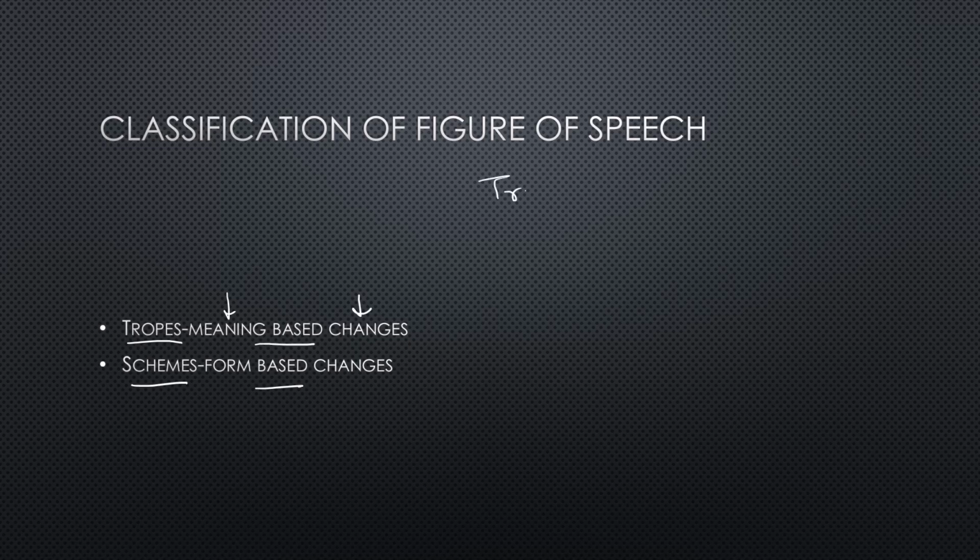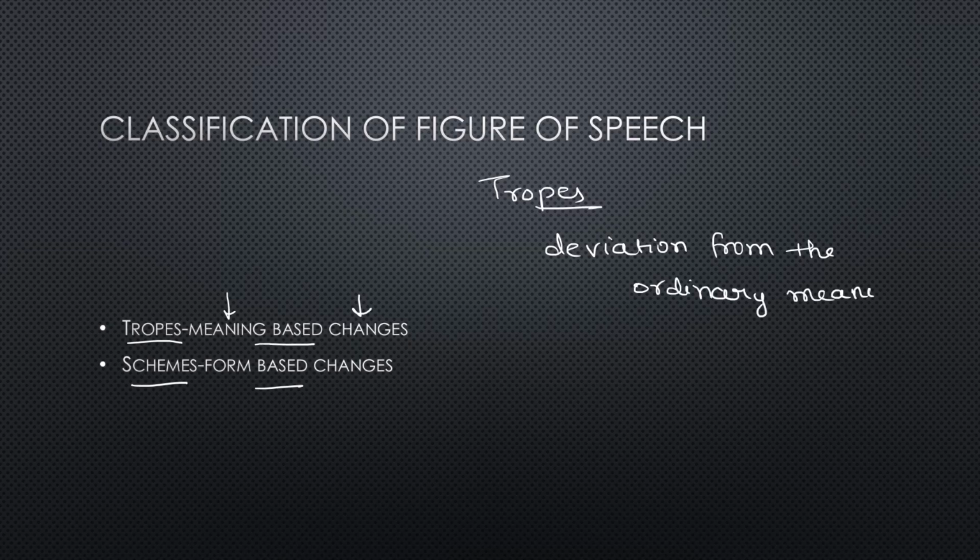When we say tropes, the writing involves a deviation from the ordinary meaning. So it's not the literal meaning. Meaning is changed, because you want to create imaginative or symbolic meaning of something.